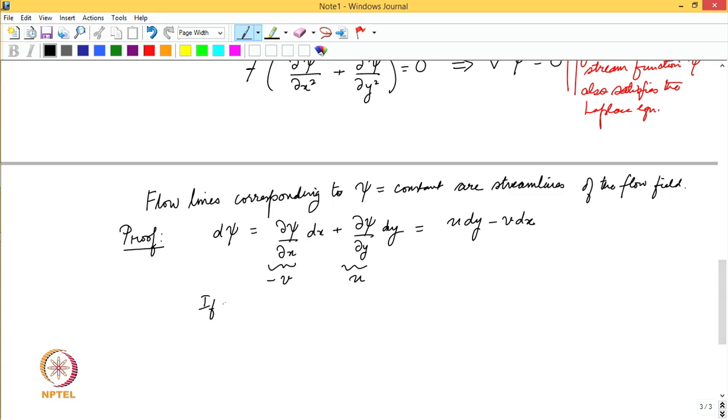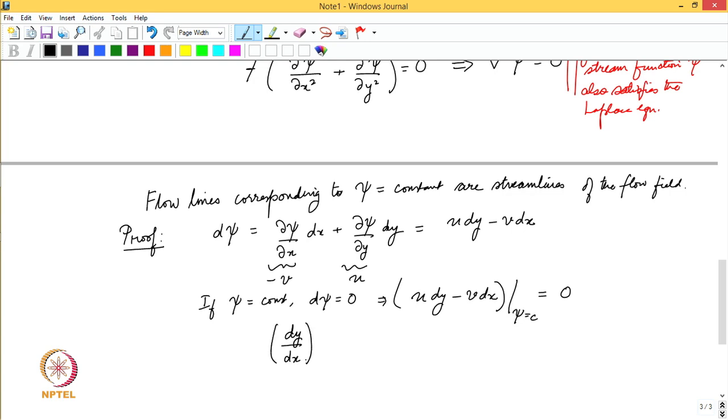So, if psi was a constant, then d psi must be 0, or the change of psi on that line must be 0, which gives us u dy minus v dx over this line psi equal to constant must be 0, which if we do a little bit of rearrangement now, you can see that dy by dx for a constant psi is given as the ratio of the two velocity components.